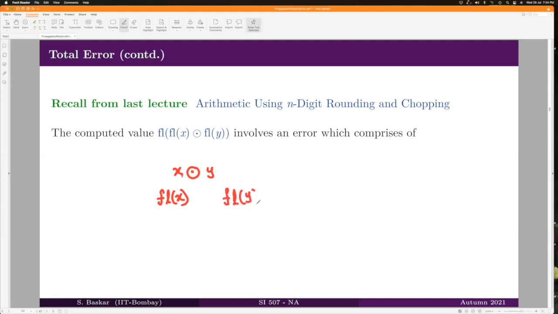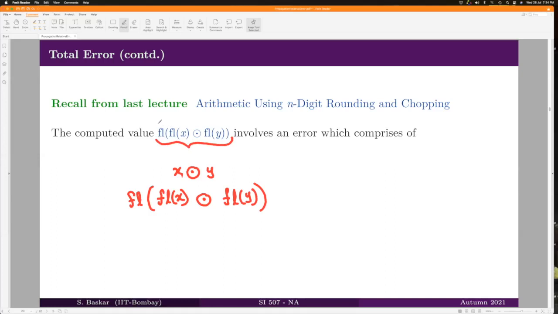It may be rounding or chopping or whatever. Then it does the required operation and takes this answer, and finally does the floating point approximation of that answer. That is what it gives us as an answer finally. This we have explained in the last class in full detail.